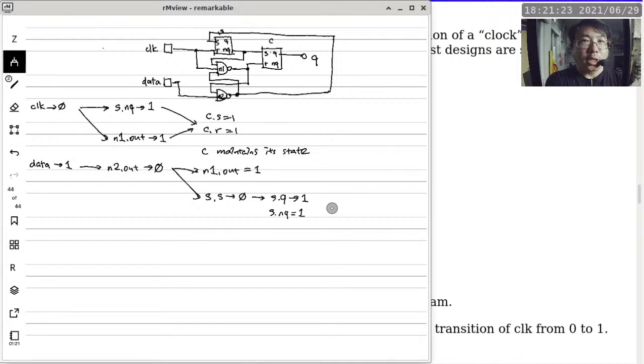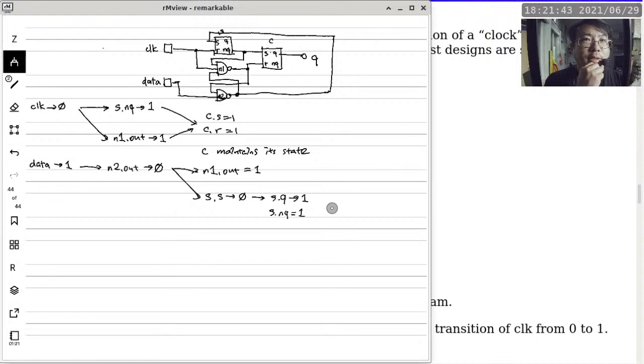Right, but it has to be simultaneous. So S and R need to become ones at the same time in order to start the oscillation. So they have to be both zeros to begin with, and then switch to ones at the same time in order to start the oscillation.